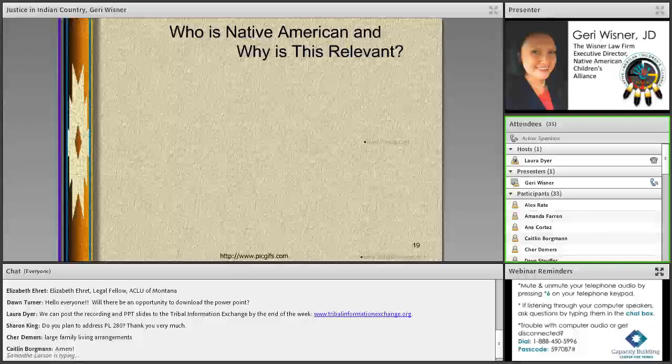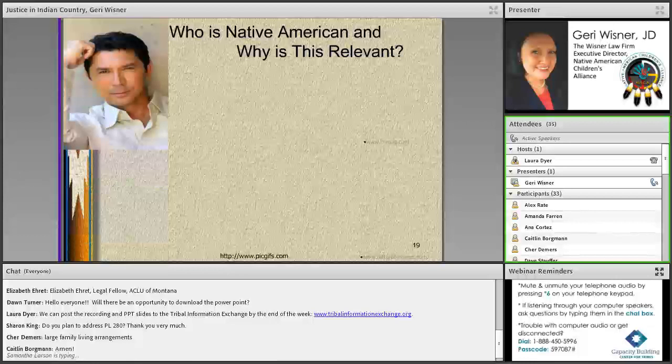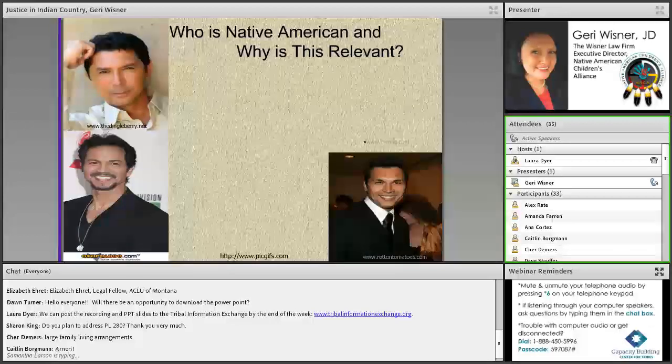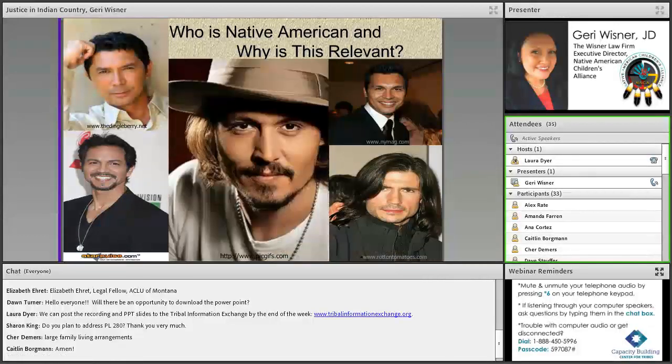So for the purpose of criminal jurisdiction, who's Indian, who's Native American, and why is this relevant? Well, let's just take a look. I want to introduce these five handsome men, and they all appear to be Indian. But I want to point out, in the top left corner, you may recognize Lou Diamond Phillips.